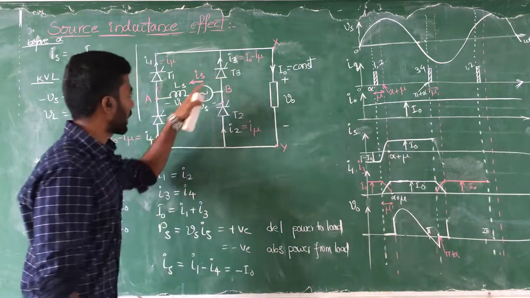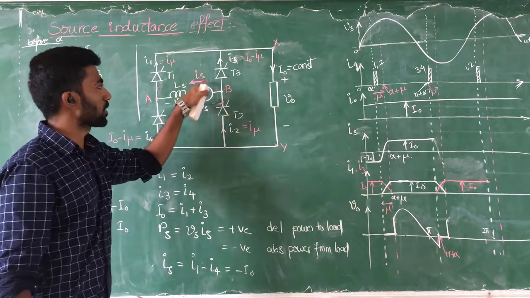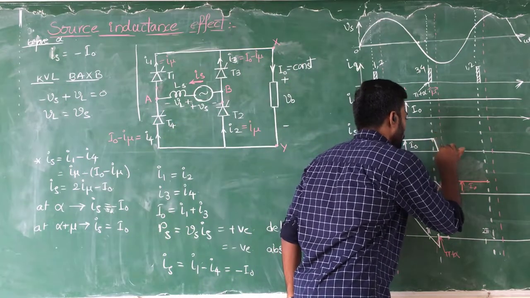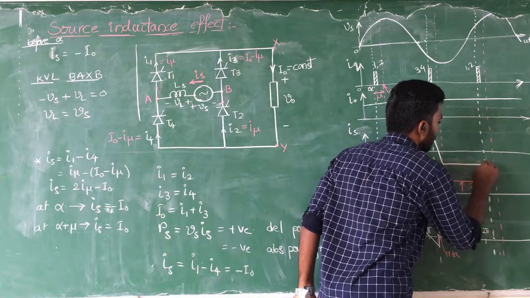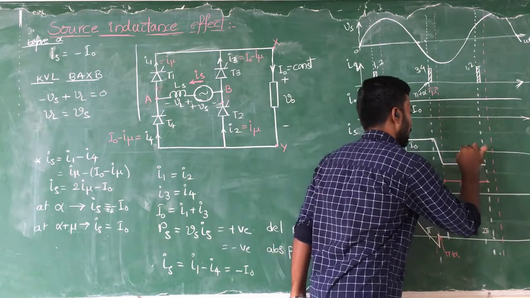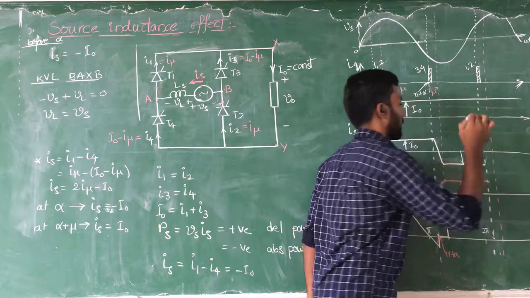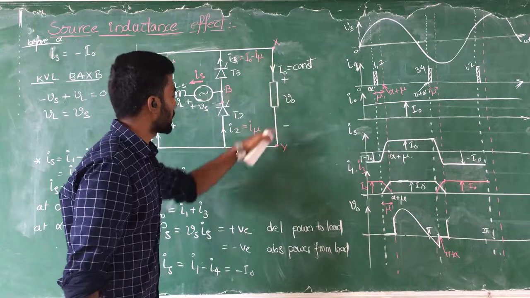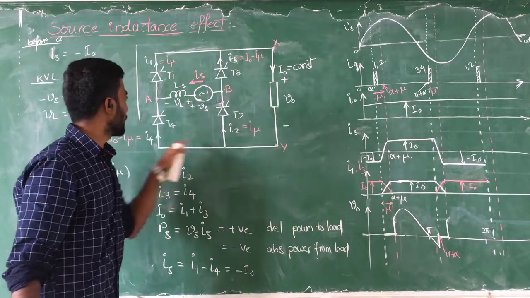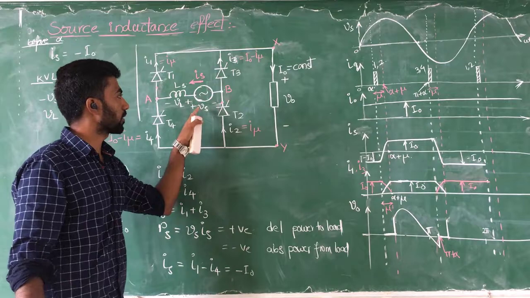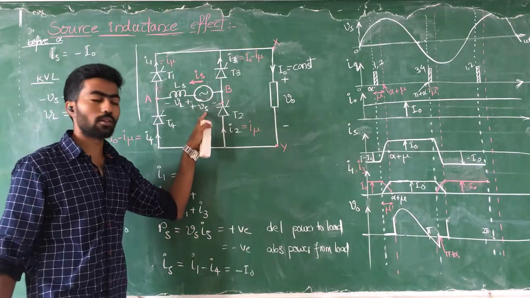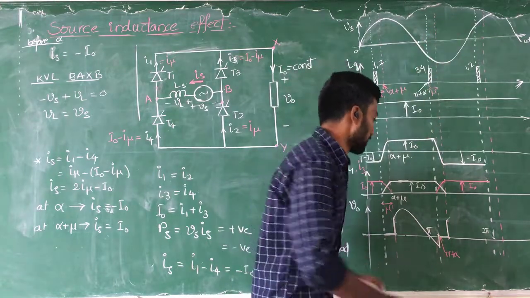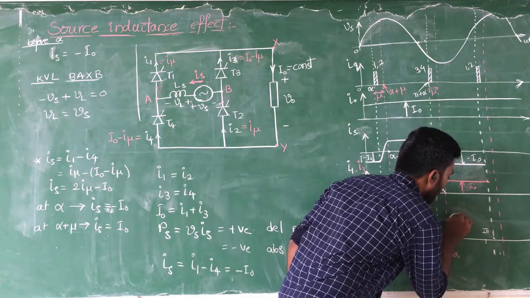If these two devices are conducting, this current flows opposite to the supply current, so it is negative, minus I0. With devices 3 and 4 conducting, if you apply KVL to the path x, y and a, b and x, V naught is equal to minus Vs. Minus of minus Vs is positive, so this voltage is positive.